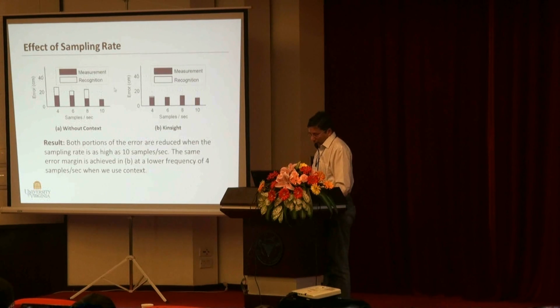If you are not supplying context, then again for lower sampling rates, the errors are higher. But when the context is applied, the errors are still small. Although I don't know what the answer is.